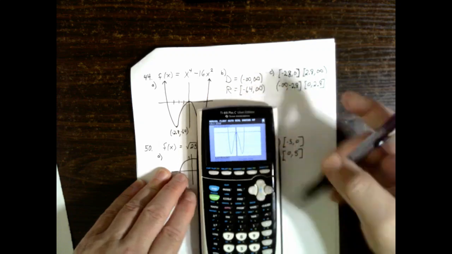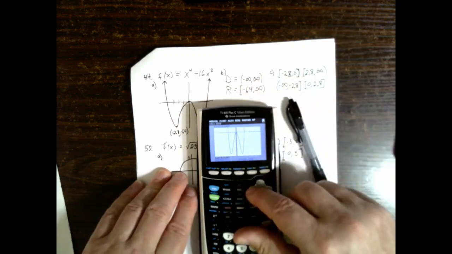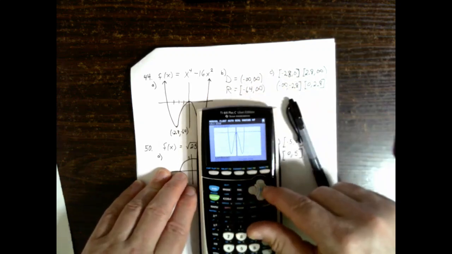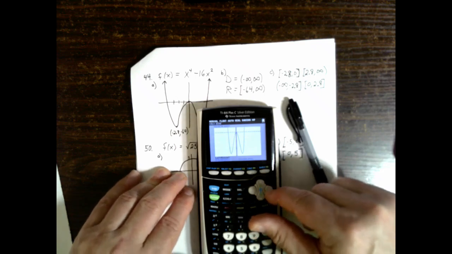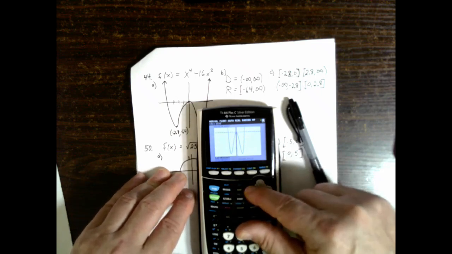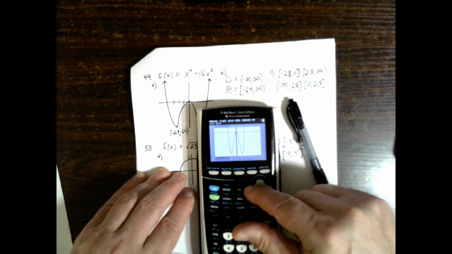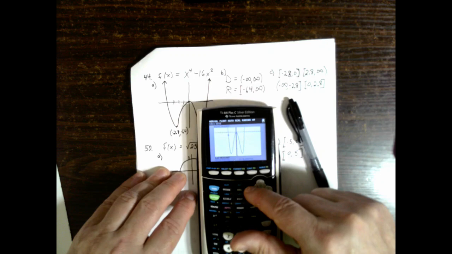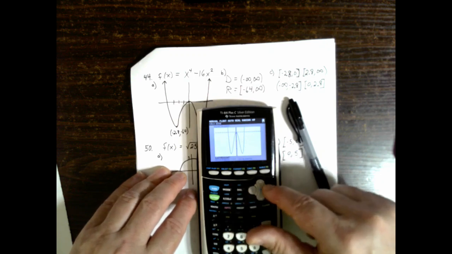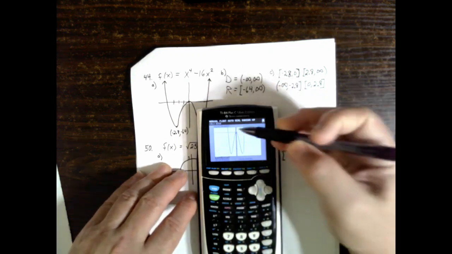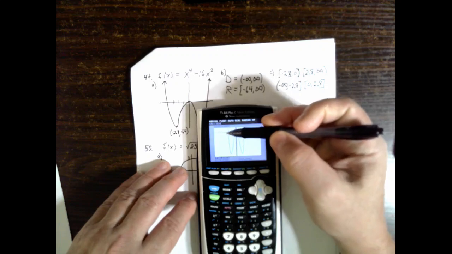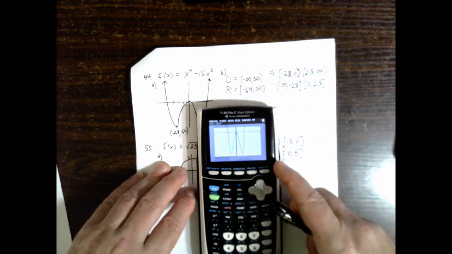Now to find an x-intercept, you move left bound. So let's figure out where we are. We're over at 7 something. So let's move all the way to the left. Okay, so I want to move to the left of this point, and so in this case it's above, and I hit enter.